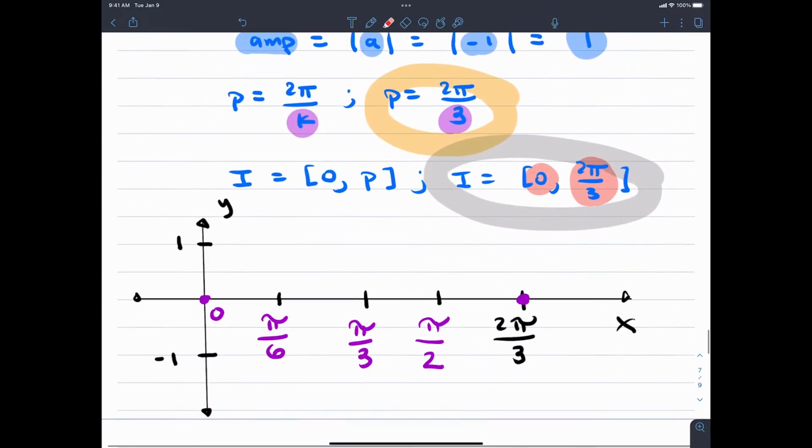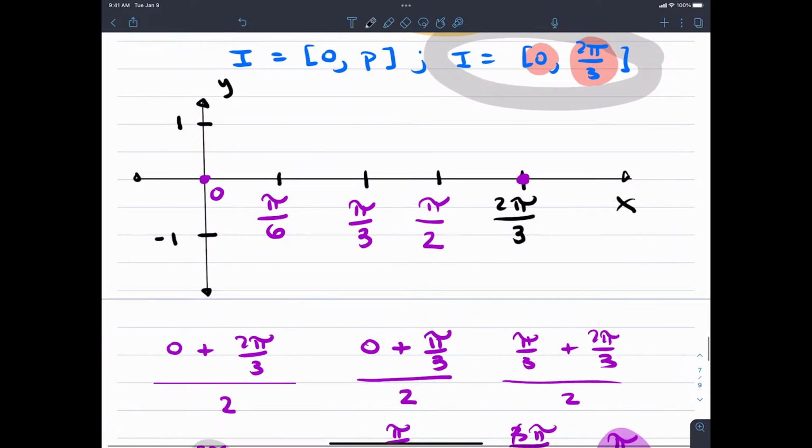So you're still starting at 0. But then now you go down here, back to the x-axis, the highest point, back to the x-axis. So I can start to sketch that curve here. And there you go, ladies and gentlemen. You're done. That's the graph, okay?